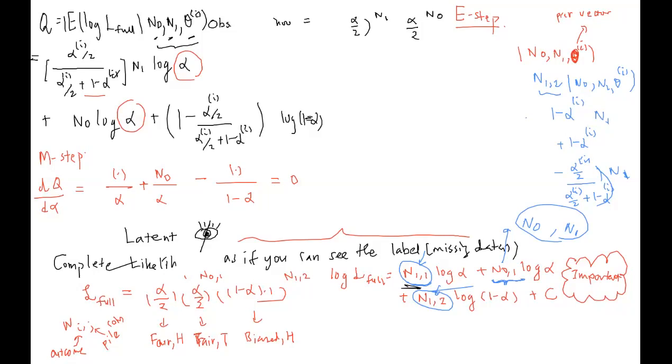Okay, so let's do this. So we have 1 minus alpha times the following. N1 plus N0 is equal to alpha times 1 minus this, okay?